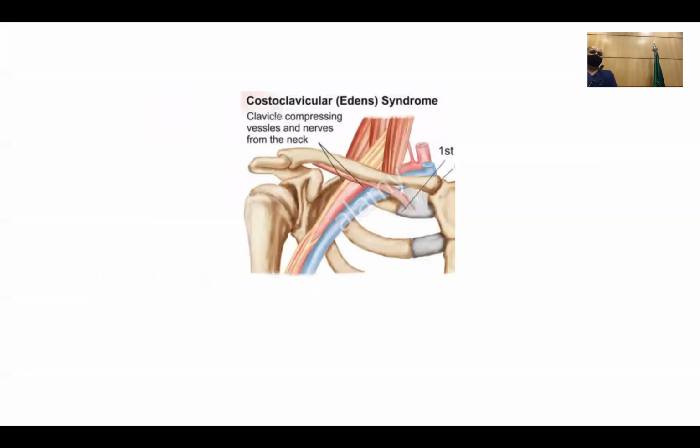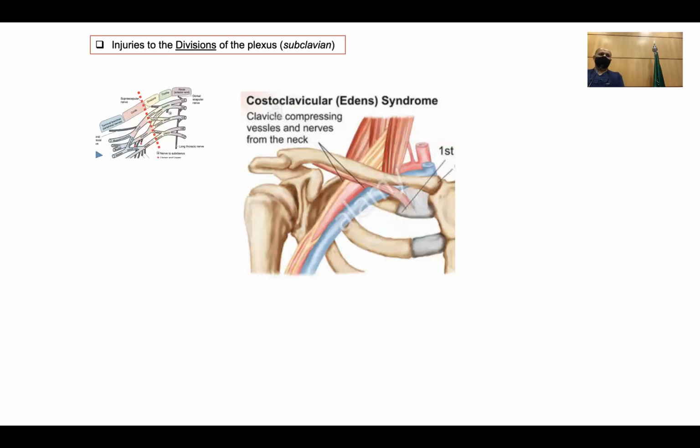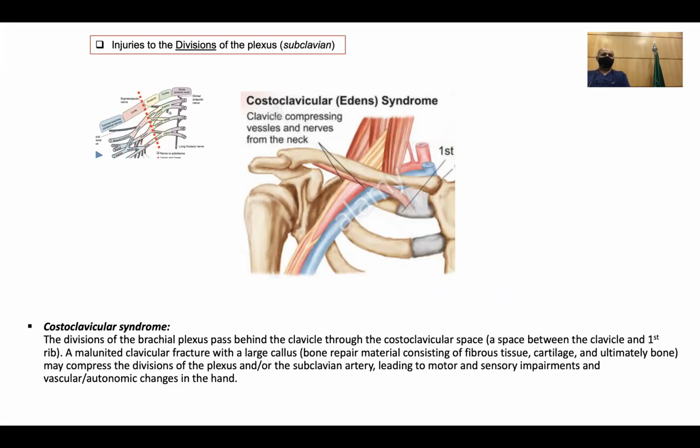Third variant. And what is that? Costoclavicular syndrome. And what is in that? At the division level. You know where the divisions are. And now, what are the situations? What is happening due to this?